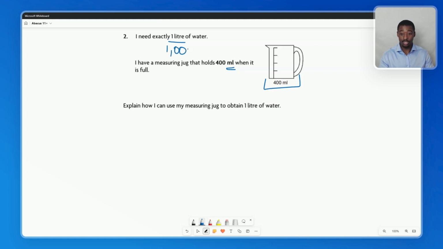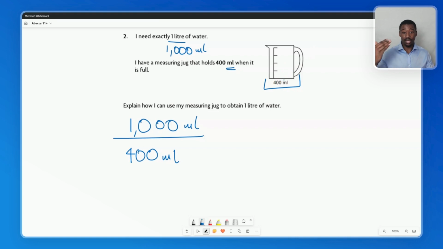So 1,000 milliliters. And now this question seems a bit easier because we're trying to work out how many 400 milliliters go into 1,000 milliliters. Or in other words, how many jugs do we need to fill up to hit that 1,000 milliliter goal?